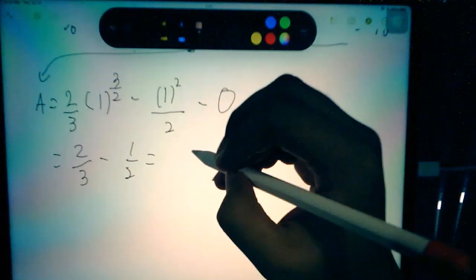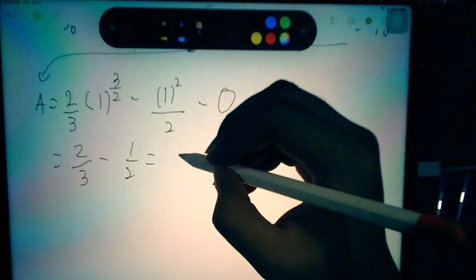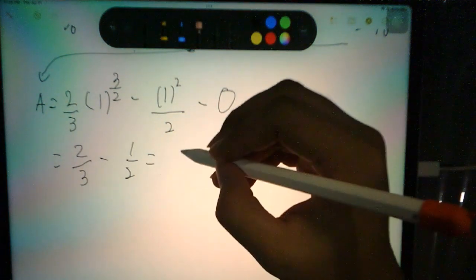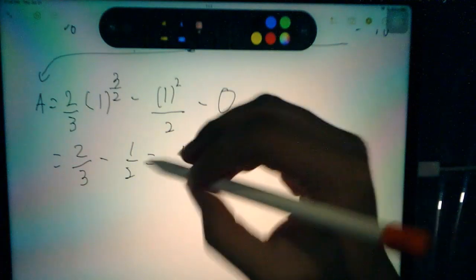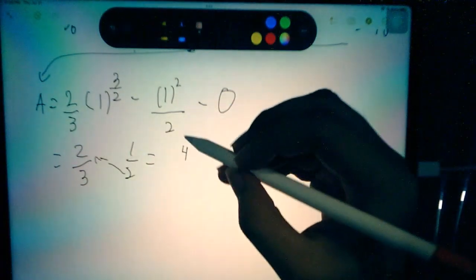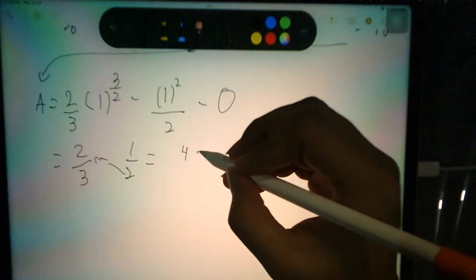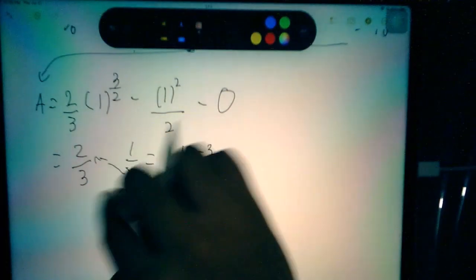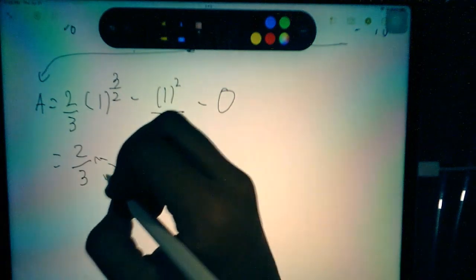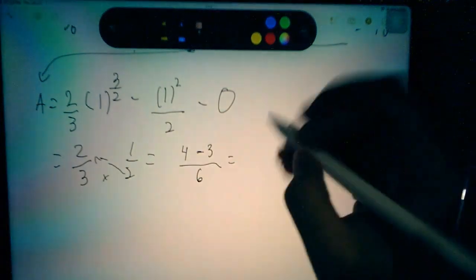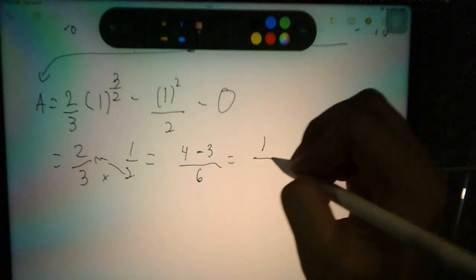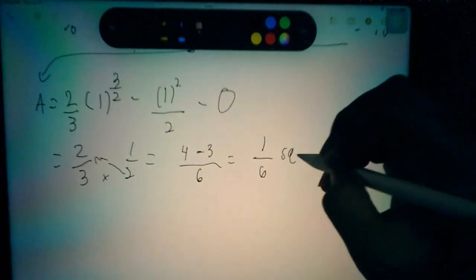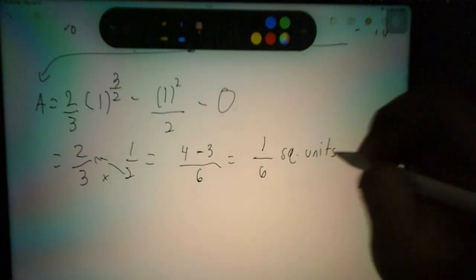Equals, let's say here, 2 times 2 is 4, cross multiply, 3 times 1 is 3 over the denominator, which is 3 times 2 is 6. So the answer here is just 1 over 6 square units.